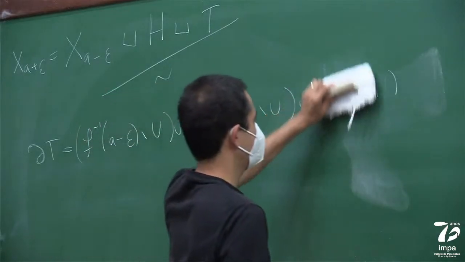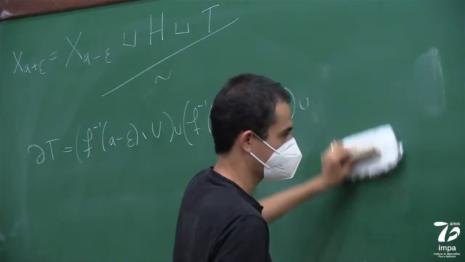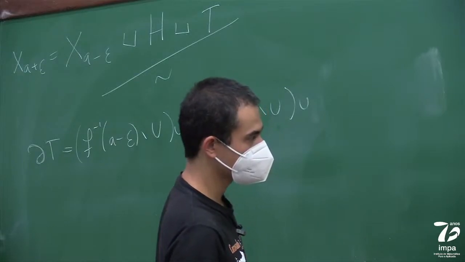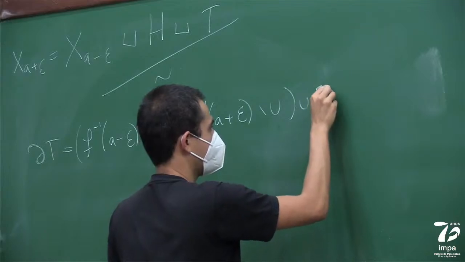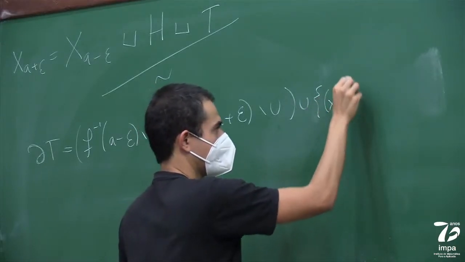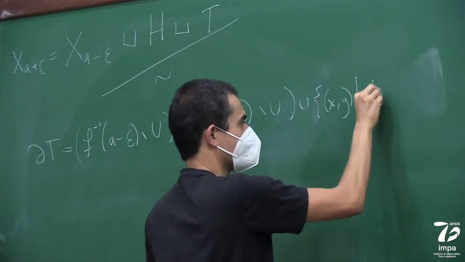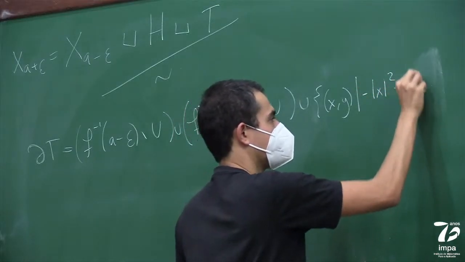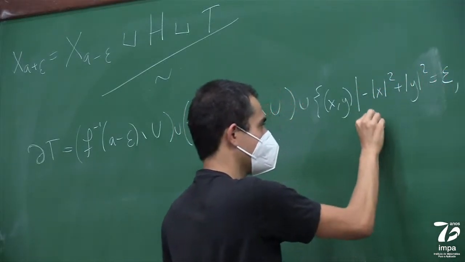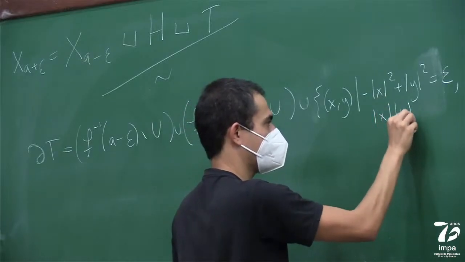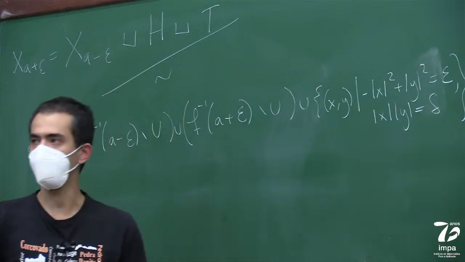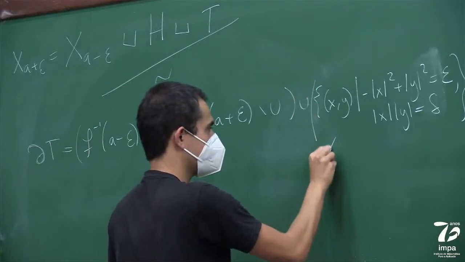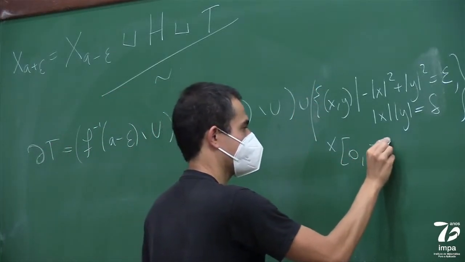No, sorry. I can just write it like this. It's the set of x, y such that this guy plus this guy is equal to epsilon, and norm of x, norm of y is equal to delta, this thing here, times 0 to epsilon.